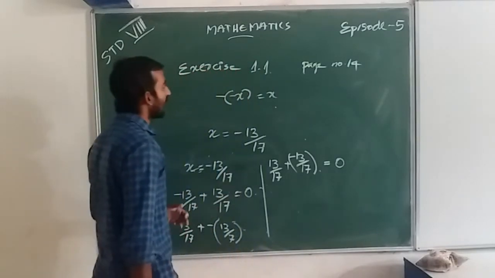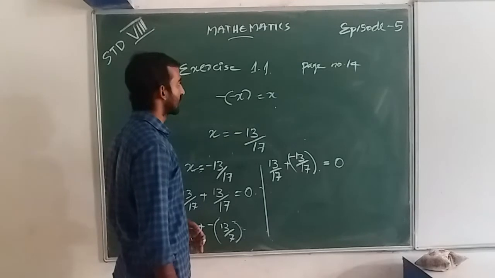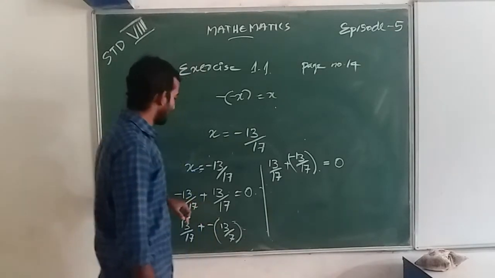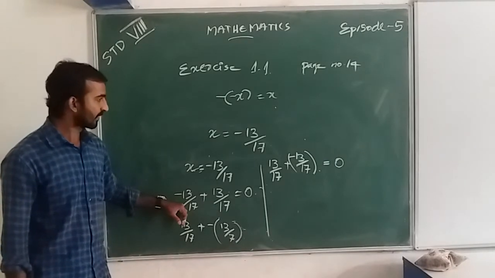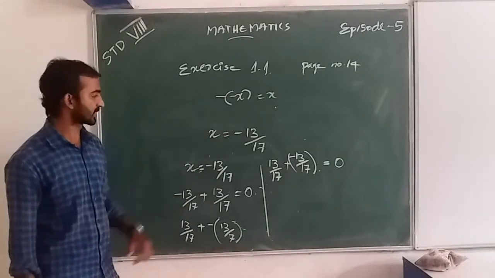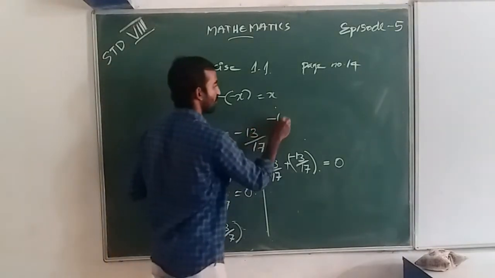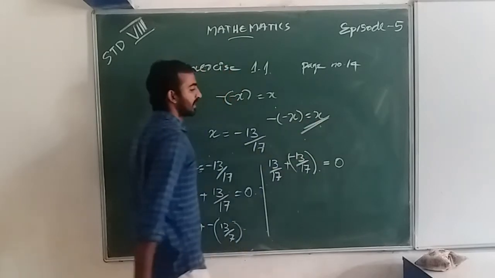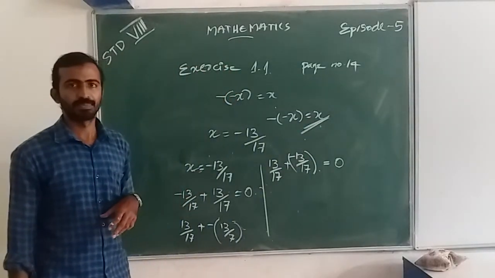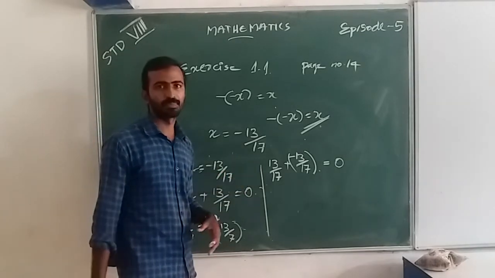When we take the negative of negative x, we get x. Here x is negative 30 by 70, so negative of negative x equals x. Verified. It's correct. This is the solution.